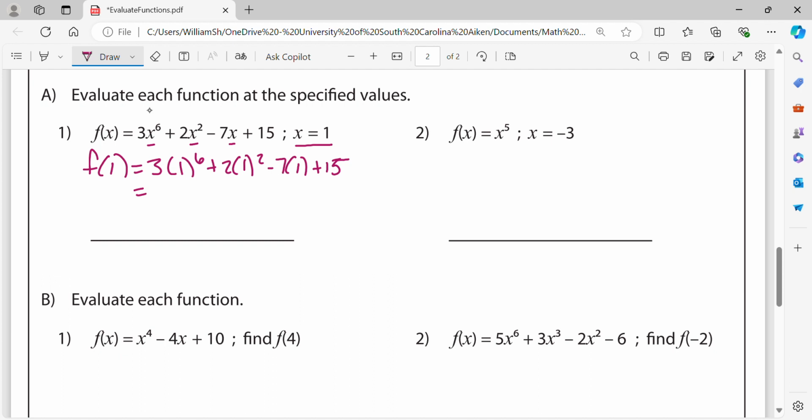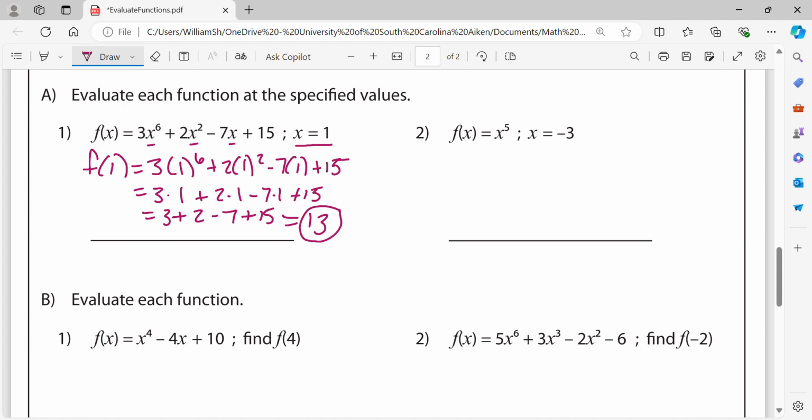So this is essentially just 3 times 1 plus 2 times 1 minus 7 times 1 plus 15, which is essentially 3 plus 2 minus 7 plus 15. 3 plus 2 is 5, minus 7 is negative 2, plus 15 is 13.